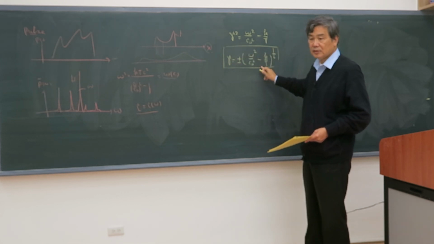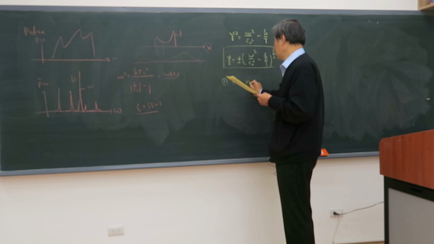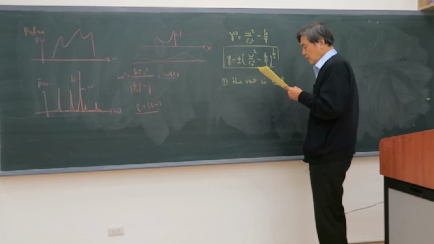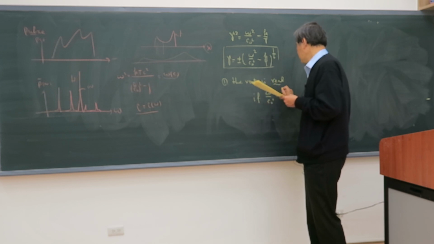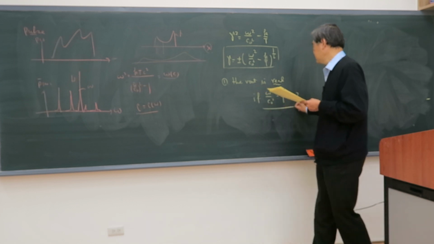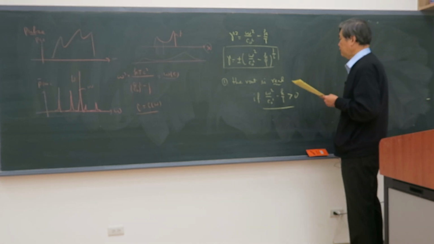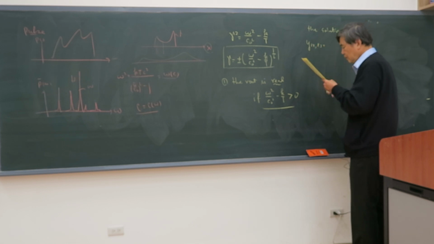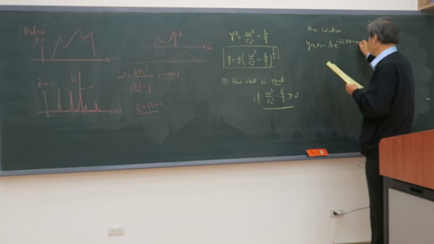If this is positive, we have real roots. First case: if ω²/c0² − K/T is larger than 0, we have real roots, and the solution y(x,t) becomes A e^{−i(γx − ωt)}.